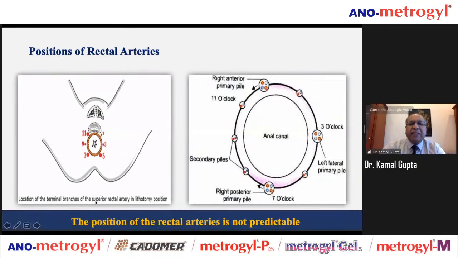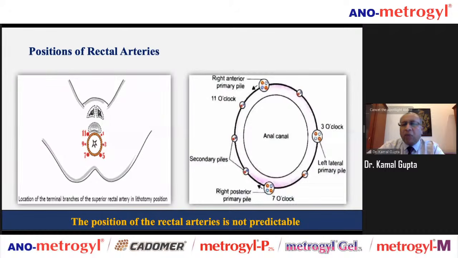As I said, the position of the arteries is not predictable. Our traditional teaching was that the vessels are normally present at 3, 7, and 11 o'clock positions. Later on, it was postulated that the vessels may be present at 1, 5, and 9 o'clock positions also.